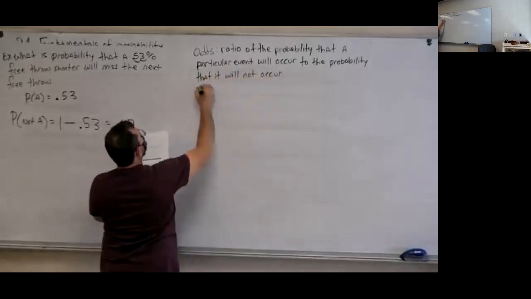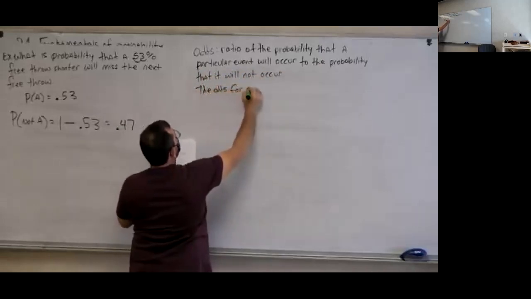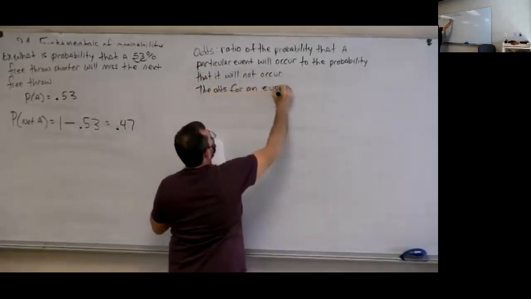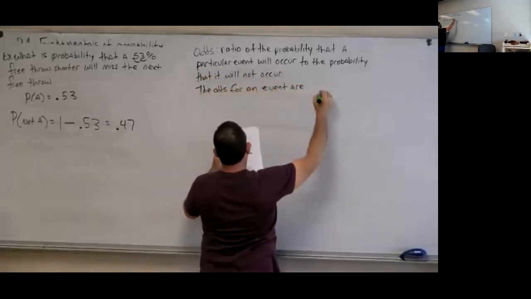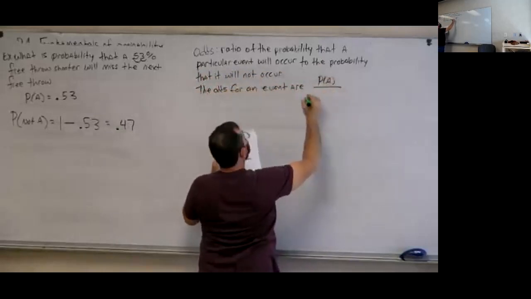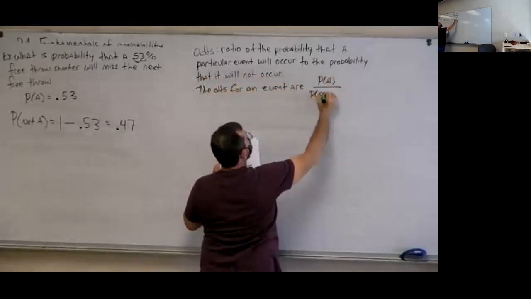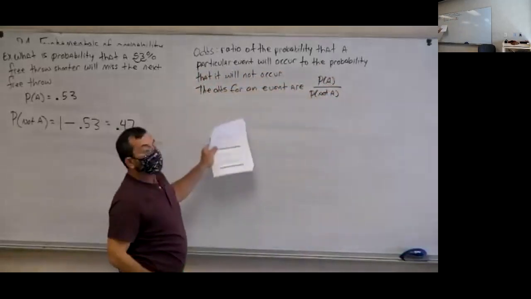So the odds for an event, P of A over P of not A. So that's the odds for an event.